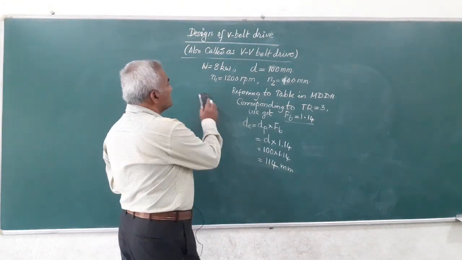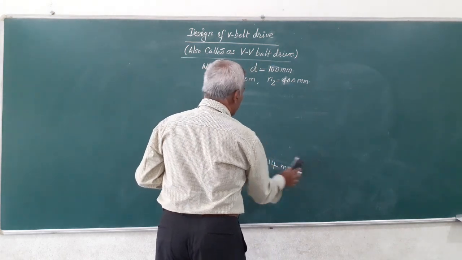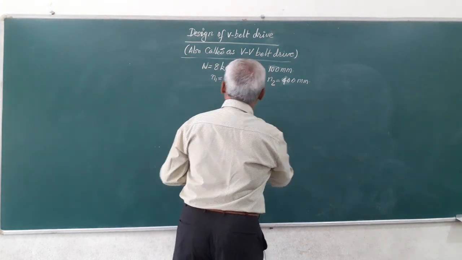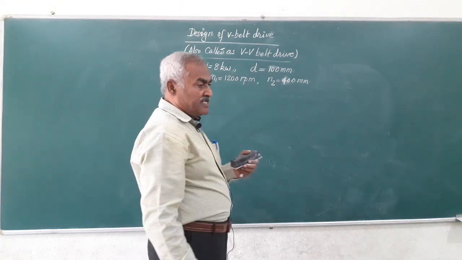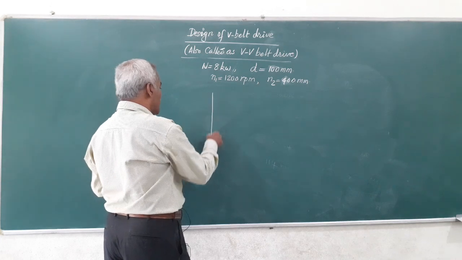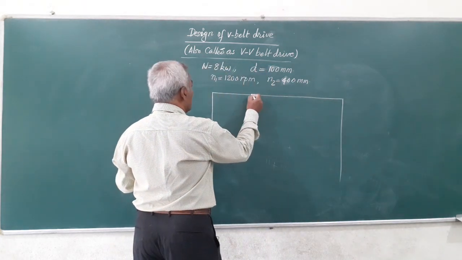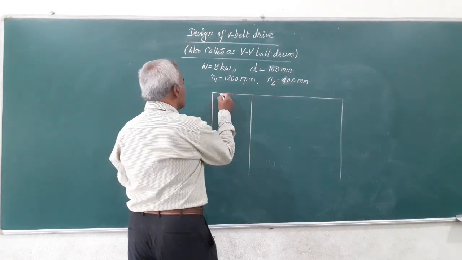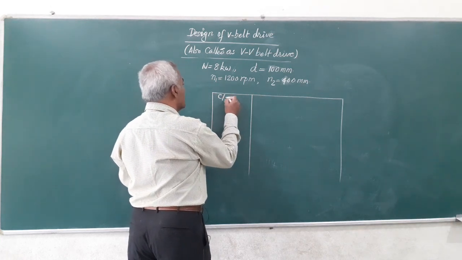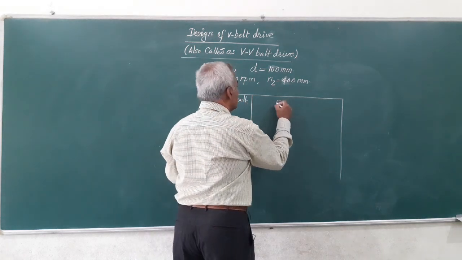So, once you know this equivalent pitch diameter, friends, there is a table in the machine design data handbook which will give you the equation for the power transmitted. So, we have a table in the data handbook. You will have the different cross sections, say cross section of belt, and then you have got this DE value.